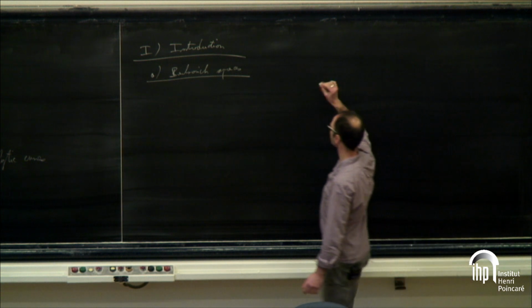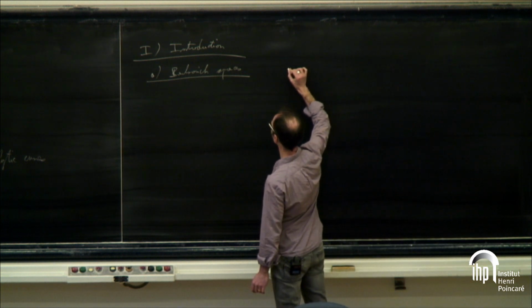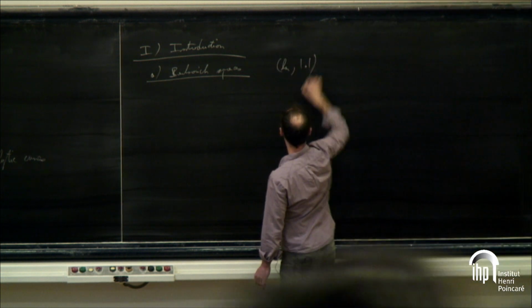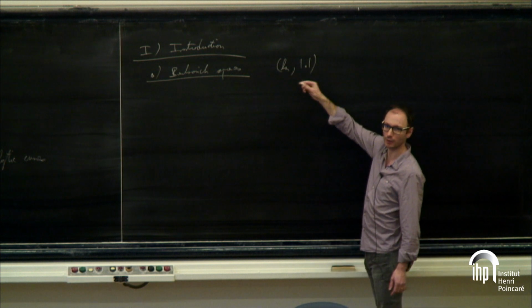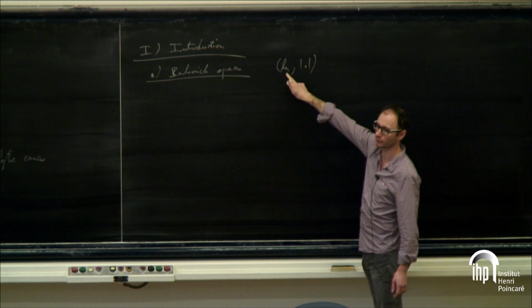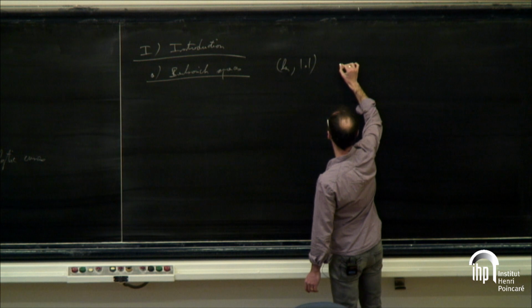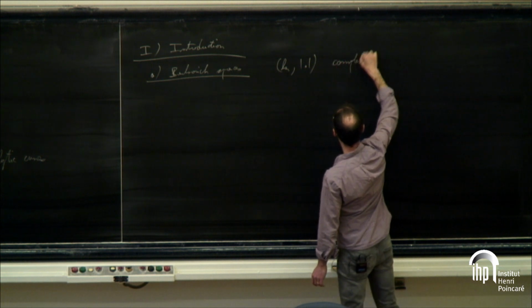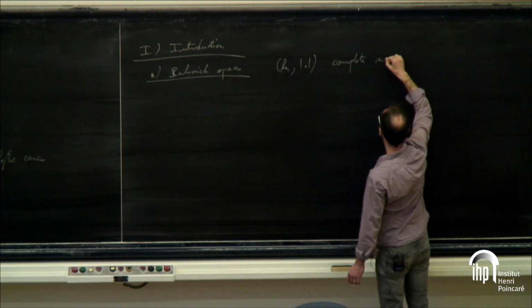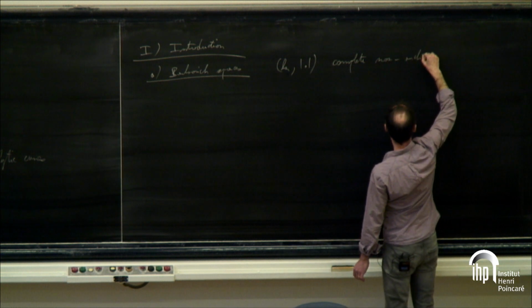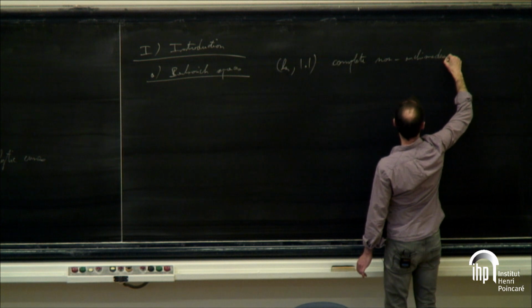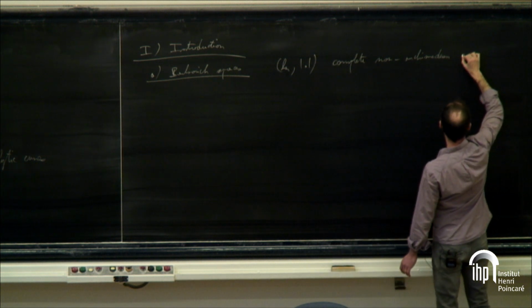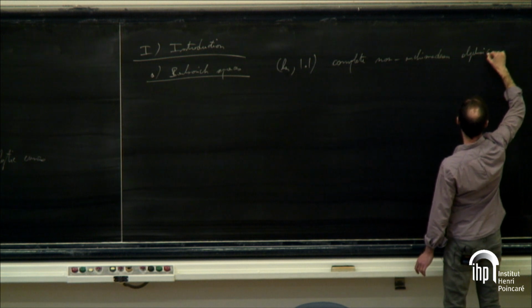So Berkovich spaces. Here I fix some field with an absolute value. My base field will always be denoted by small k. It's complete, non-archimedean, and for me it will also be algebraically closed.